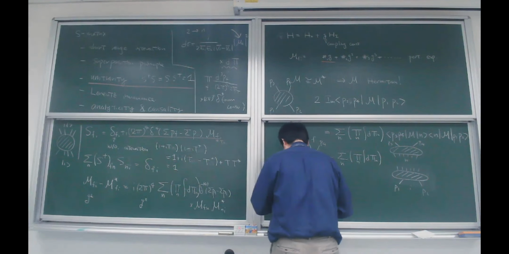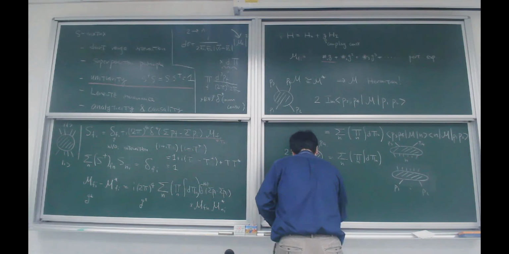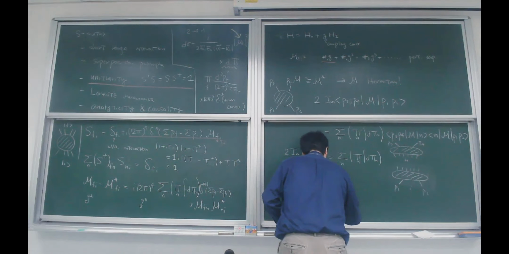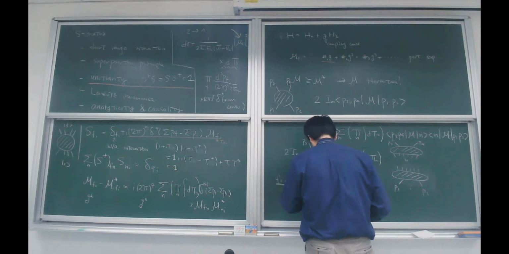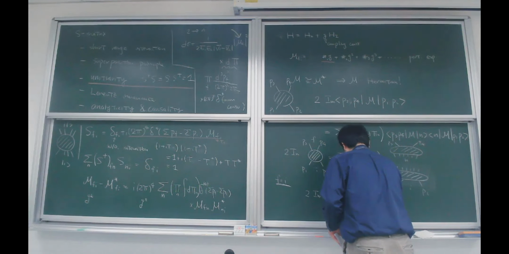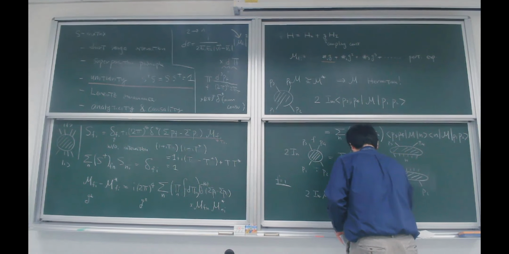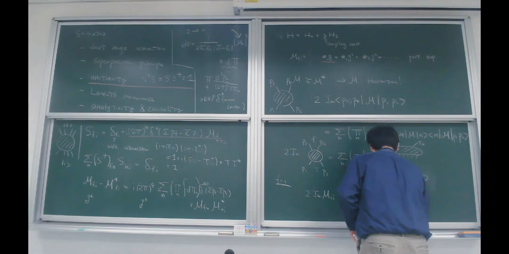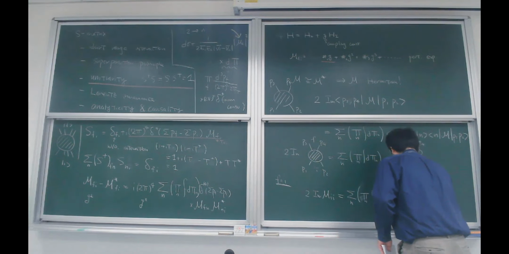This can be understood as 2 times the imaginary part of M_ii is equal to the sum over n of the product of n, the Lorentz invariant phase space, times |M_in| squared.